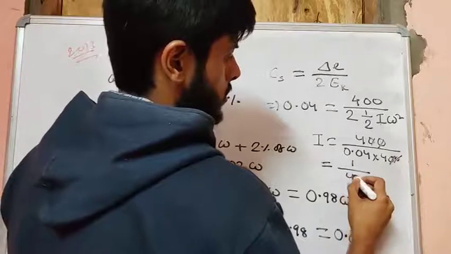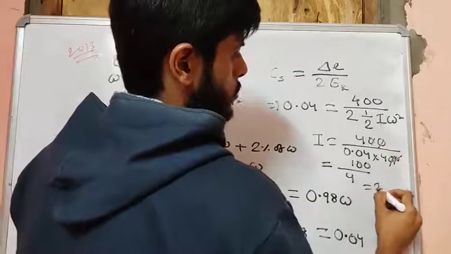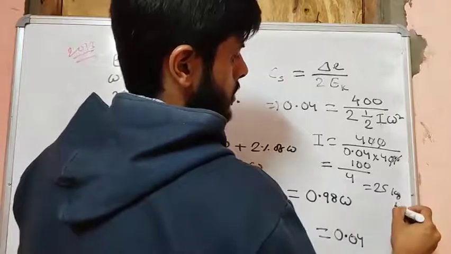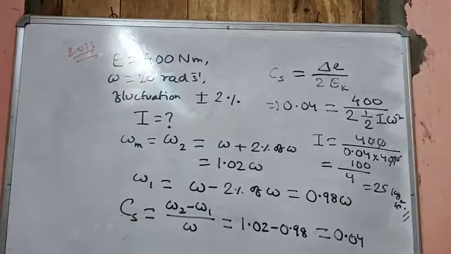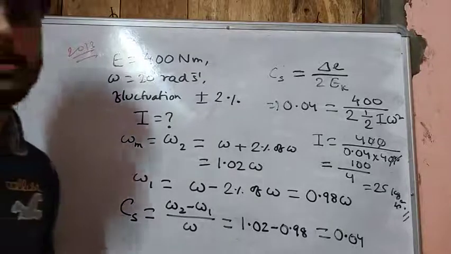That is 100 by 4, which is equal to 25 kg meter square. So this is our answer to the problem.